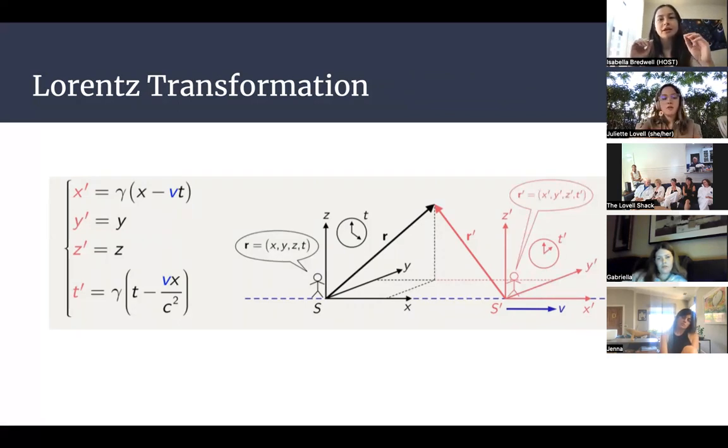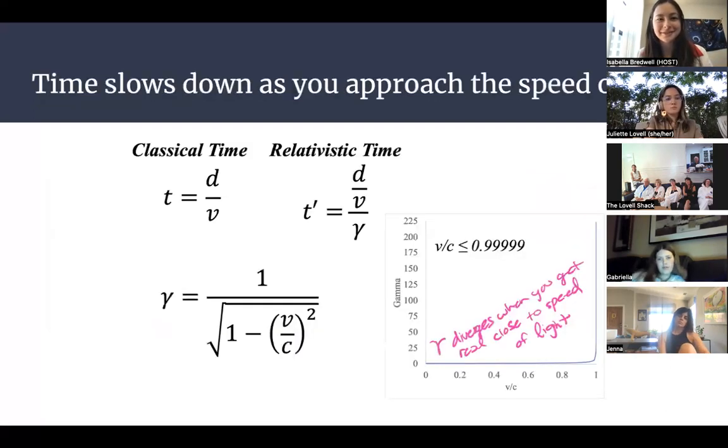Imagine moving really, really fast, your length's going to get smaller because you see less time, if that makes any sense. But if you just look at this picture, I think it makes it easier to see that when you're moving very fast, the space and time axis gets stretched. But yeah, so basically time slows down as you approach the speed of light.